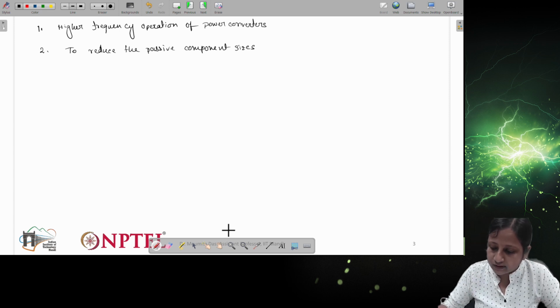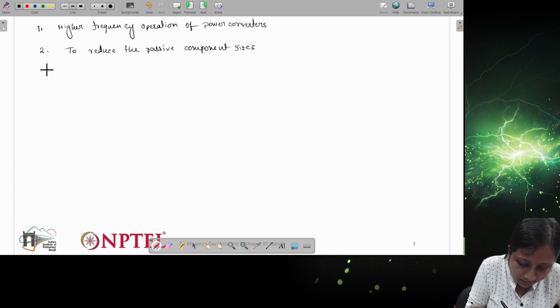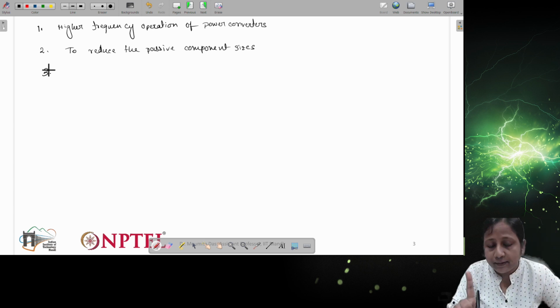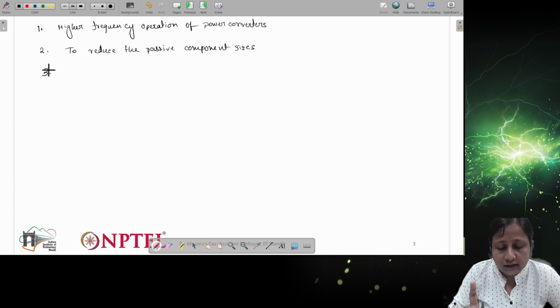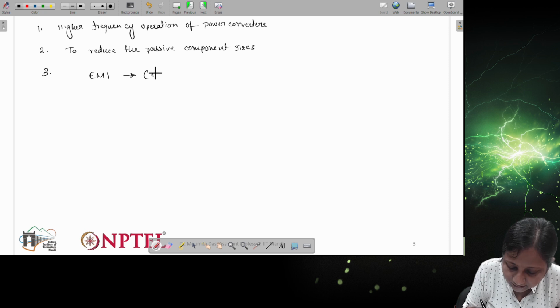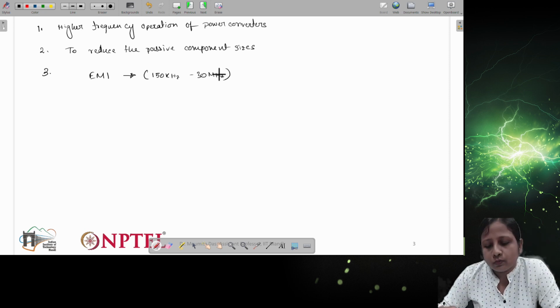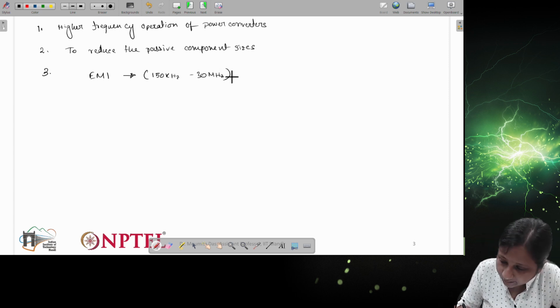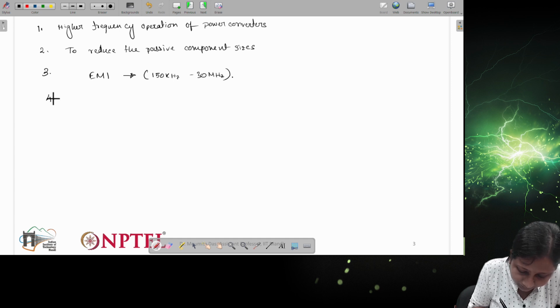Once we move towards that region, there is an increase in the noise or EMI, which is in the range of 150 kilohertz to 30 megahertz, right? Okay, this EMI is increasing. So then what? Then it will affect the reliability of the system.